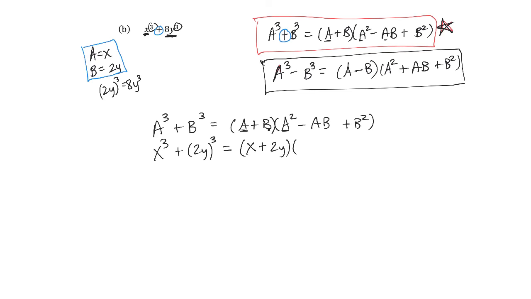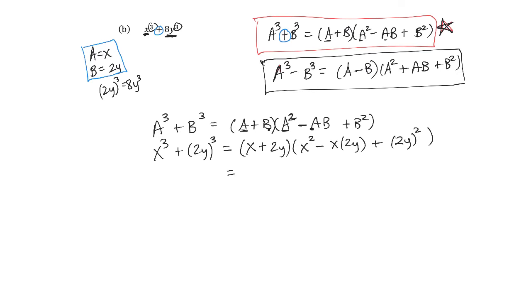This a is replaced with x, and then I need to copy down the squared. Then I need to copy that minus. Then I need to put in my expression for a, which is x, and then my expression for b, which is 2y. And then it's always plus b quantity squared.